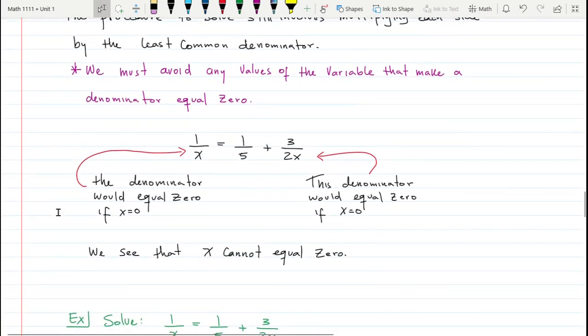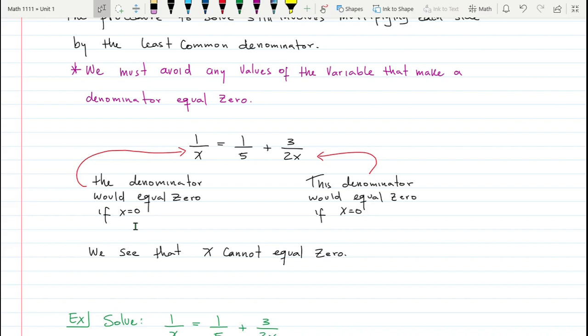So in this example, we have 1 over x equals 1 over 5 plus 3 over 2x. Well, in the first fraction or the first ratio, the denominator would equal 0 if x equals 0, right? Because x is the only thing that's underneath. Well, if it were to equal 0, then we couldn't divide. We just cannot divide by 0.